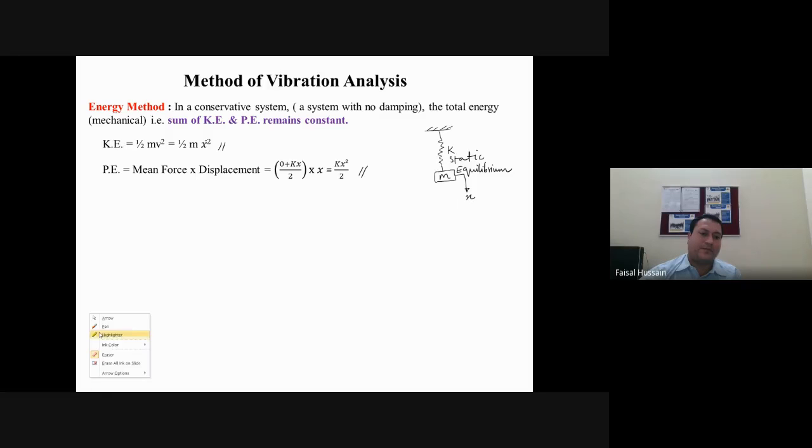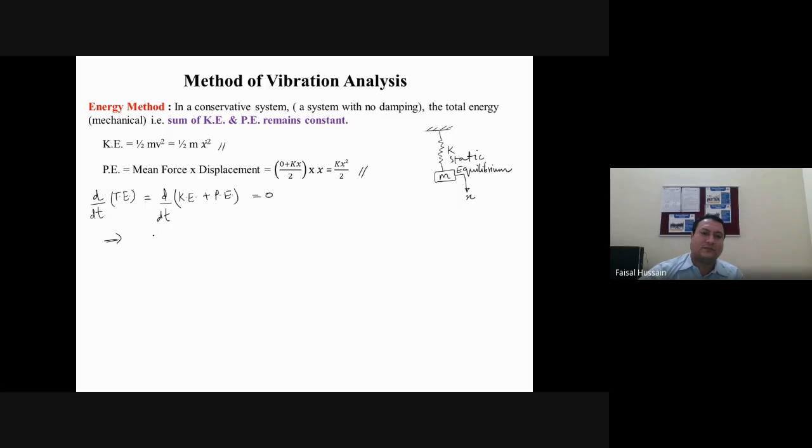Now, as per the method, it says that the sum of kinetic energy and potential energy remains constant. So if I differentiate the total energy with respect to time, where the total energy is your kinetic energy plus your potential energy, it will be equal to 0.